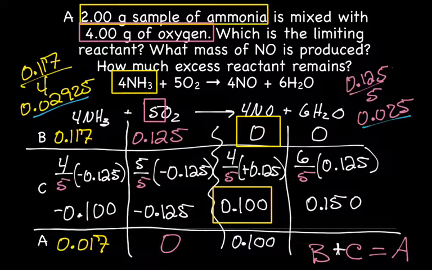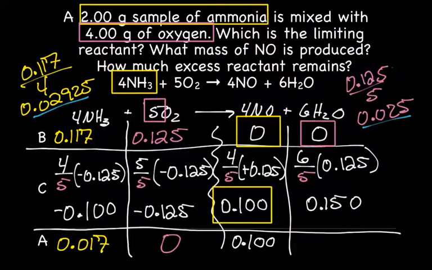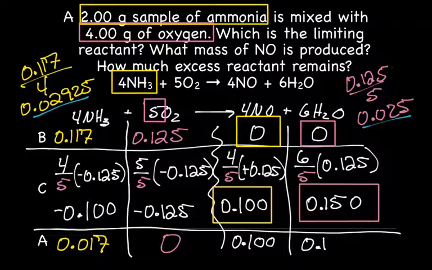Before plus change equals after. Got that? Because I have to erase it to leave some room. And the last one we started with 0. Our change was 0.150. So we made 0.150 moles of water.